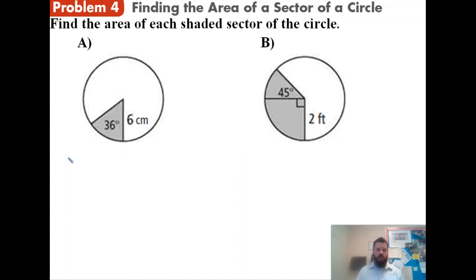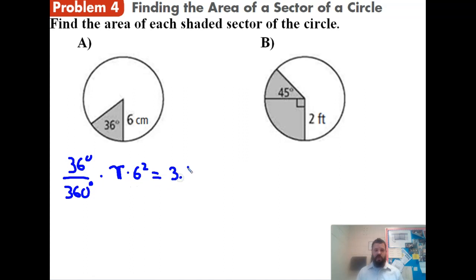In A, we'll go 36 for the arc measure, divided by 360. Okay, that's my fraction of the circle. If I reduce that down, I'd get a tenth. So we're talking about a tenth of the circle's area. Okay, times the area formula, which is pi times radius squared. So in terms of pi, I can go 36 divided by 360 times 6 squared.